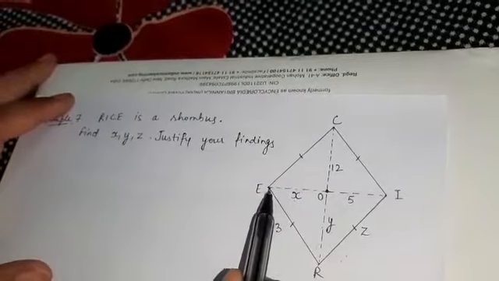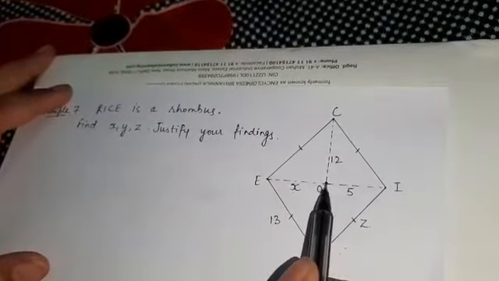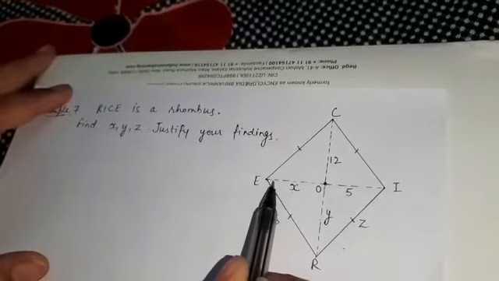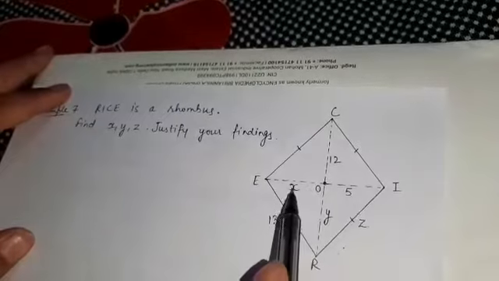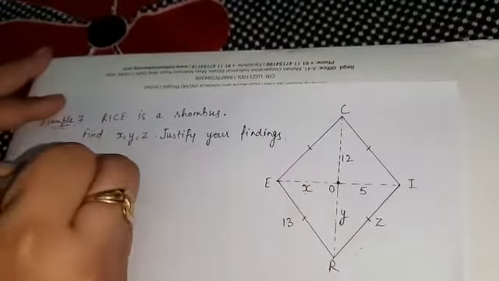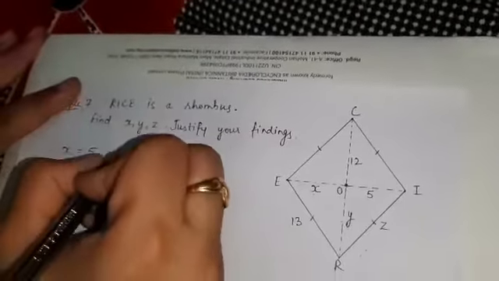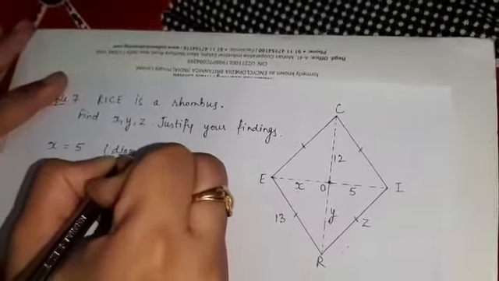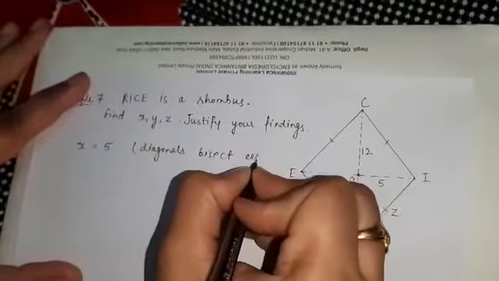That means this diagonal EI is being bisected at point O, so this part and this part have equal measure. x is equal to 5. So the value of x is 5, and the reason is diagonals bisect each other.